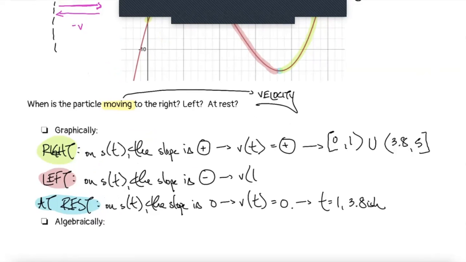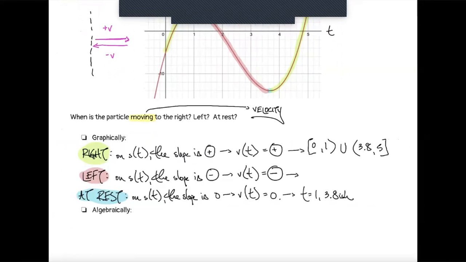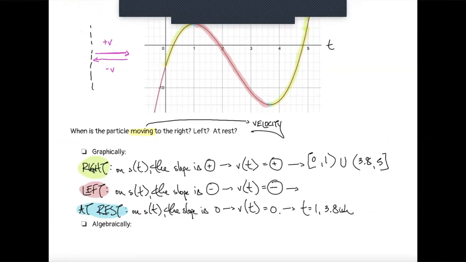And that means that our velocity is negative. And if we were to use our interval notation here, we would say 1 to 3.8. And would we include 1 and 3.8 in our answer? No, we would not, right? We don't want to include those because those actually have a slope of 0, and 0 is not technically negative. So we got to sort of leave that out by saying, here's the parentheses, okay?